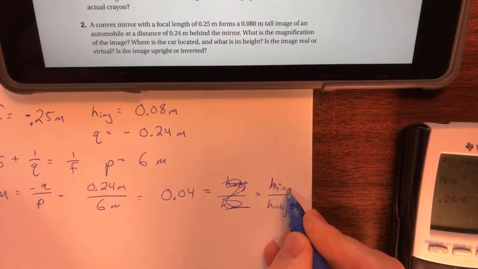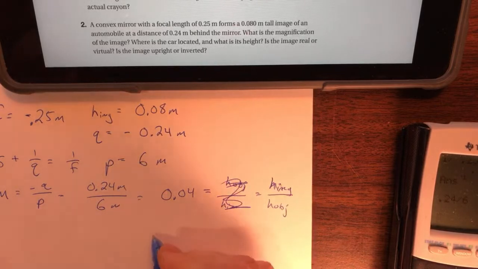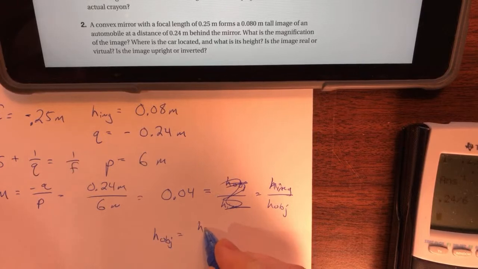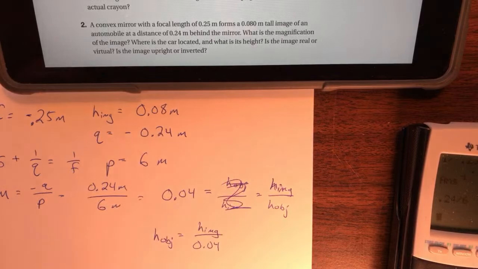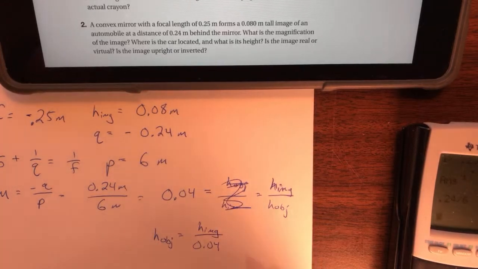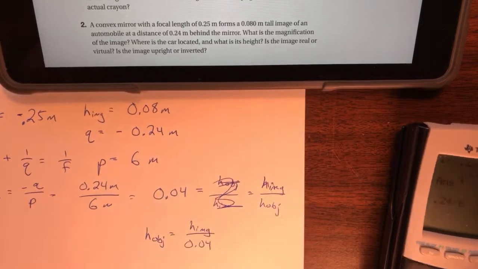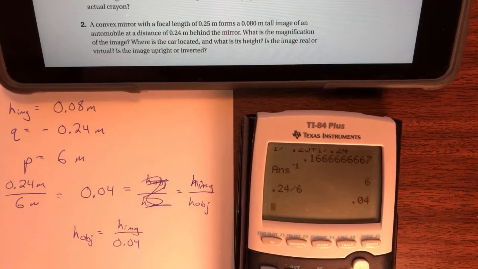We know the image height, but we don't know the object height, so we can just flip them. The object height is the image height divided by 0.04. We multiply both sides by the object height and divide both sides by 0.04, which gives 0.08 divided by 0.04, so that's going to be 2.